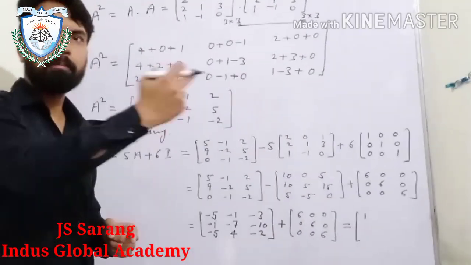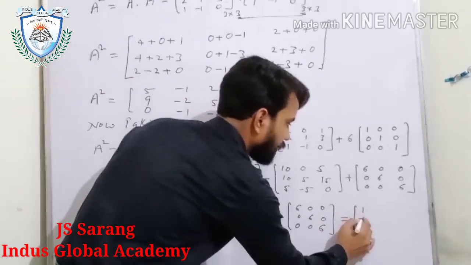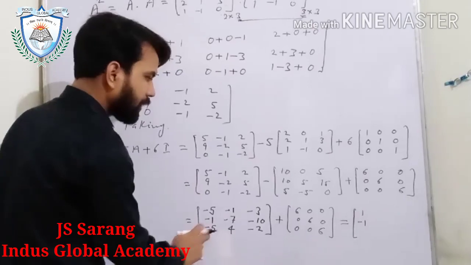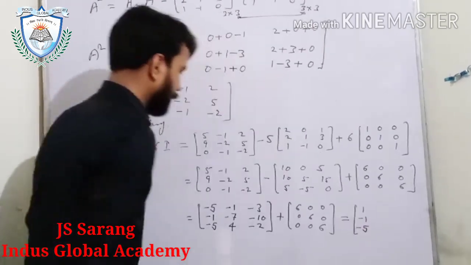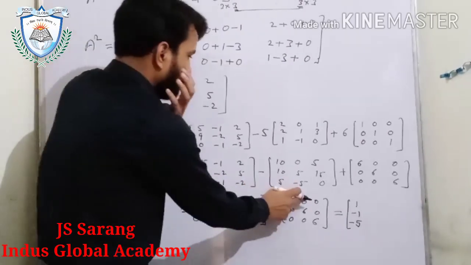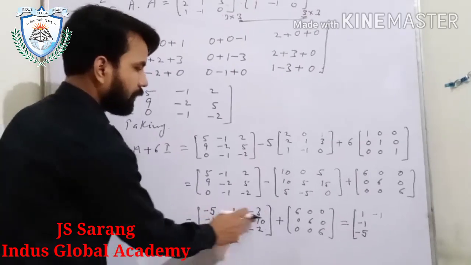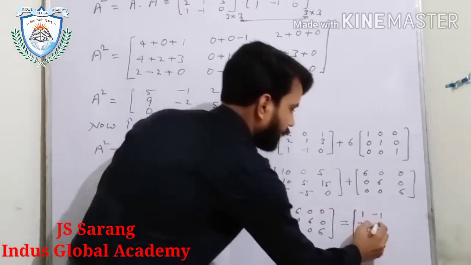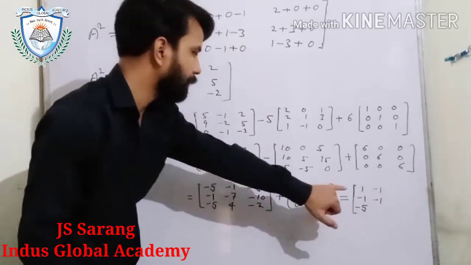Now minus 1 plus 0 is minus 1. Minus 5 plus 0, again minus 5. Same, minus 1 plus 0 is minus 1. Minus 7 plus 6 gives you minus 1.